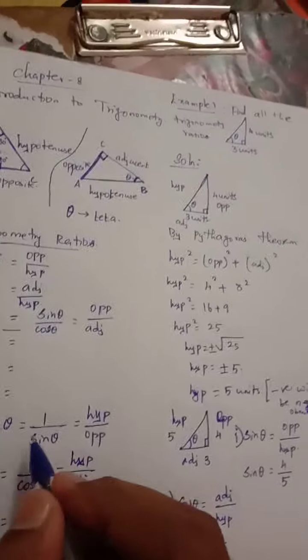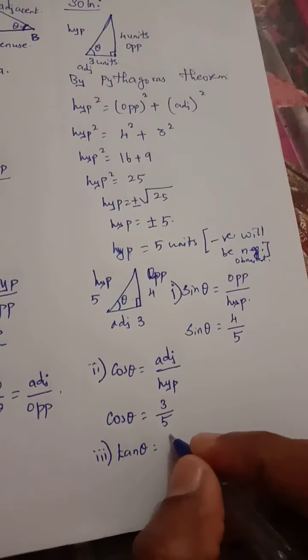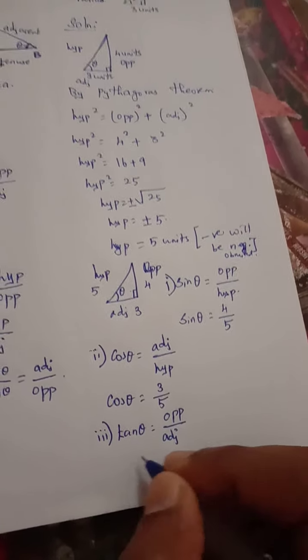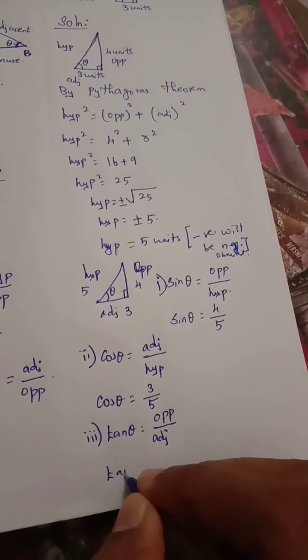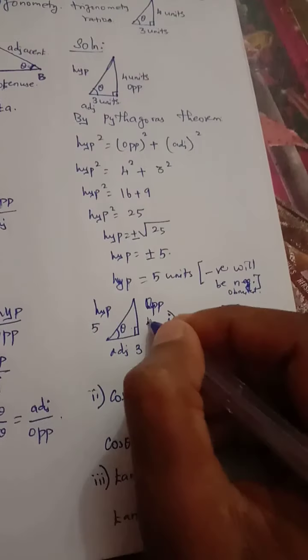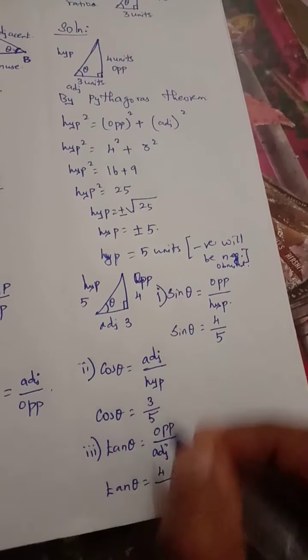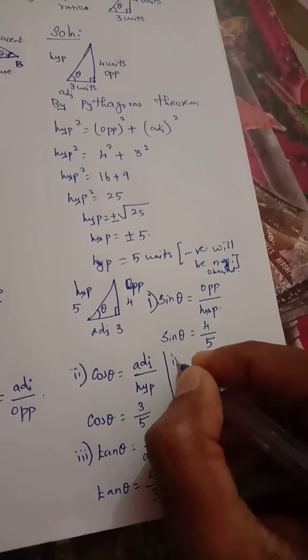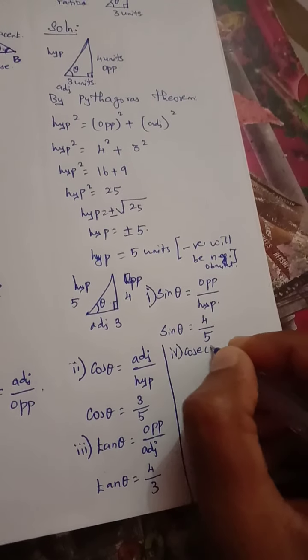Instead of writing sine by cos, we can write directly opposite by adjacent. Therefore tan theta is equal to opposite 4 by adjacent 3. Clear, children?